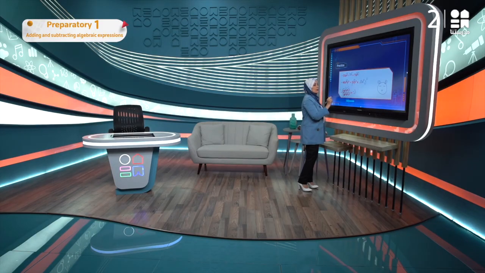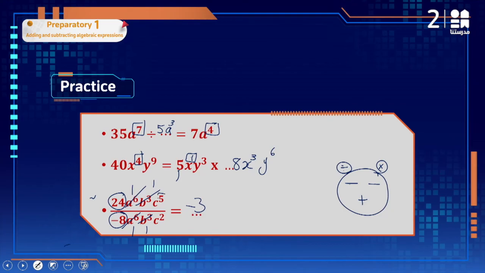What about c? c to the power of 5 over c to the power of 2. So we are going to write c and subtract, 5 minus 2. So the final answer is negative 3 c to the power of 3, because 5 minus 2 is 3.